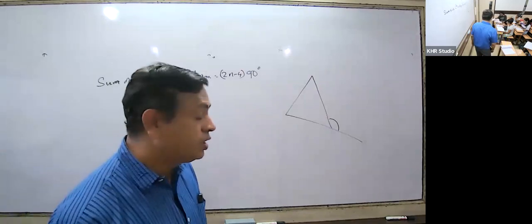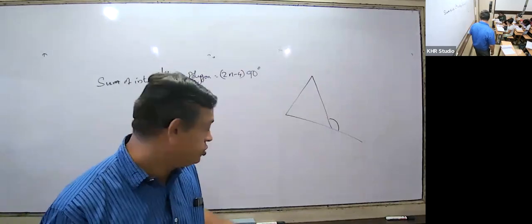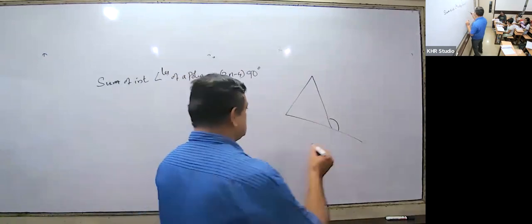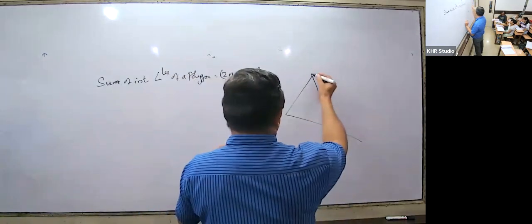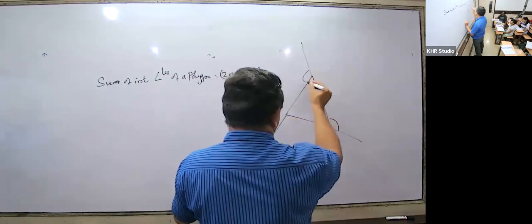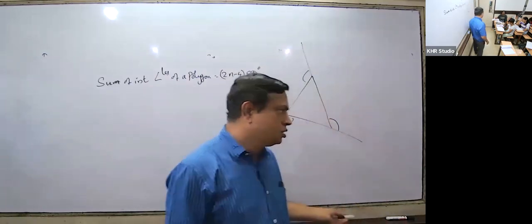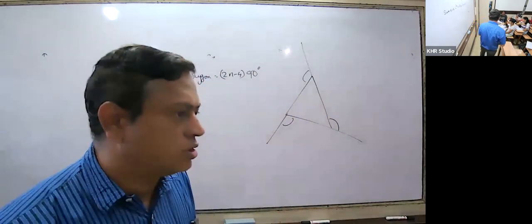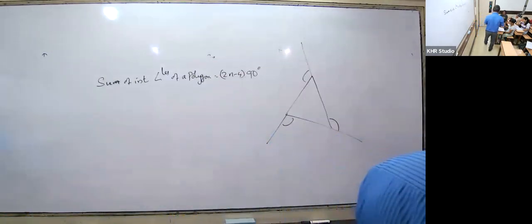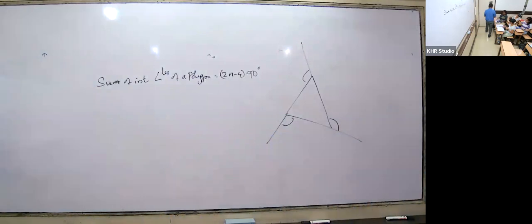Written? Yes. When the sides are produced in order, look here. This is produced, this is produced, this is produced. The sum of these three will be equal to 360 degrees, for every polygon. Understood or not? Okay, that is the condition. Then we will discuss the remaining things.